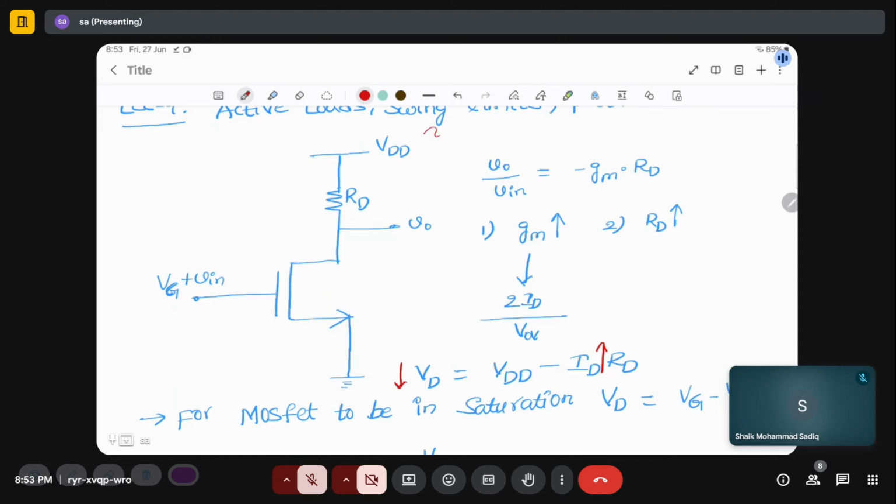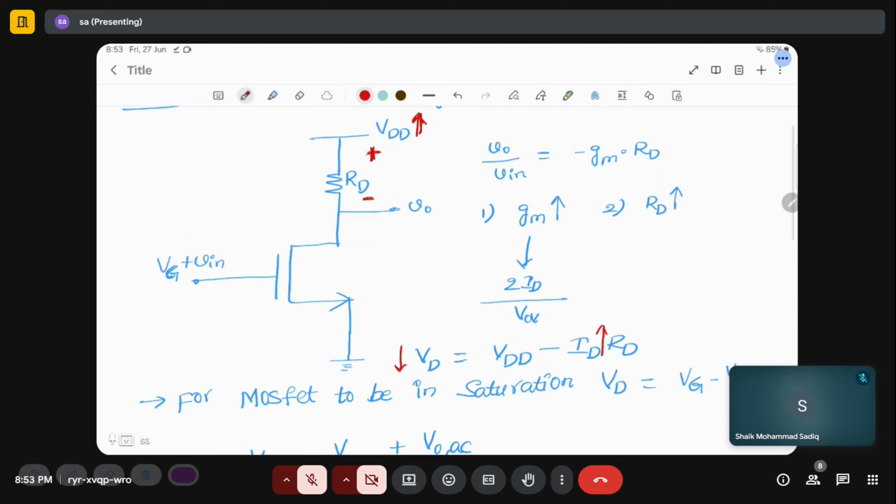If I increase VDD, I can have a much more drop across RD. I can accommodate more drop here. Even then, it will be in saturation only.